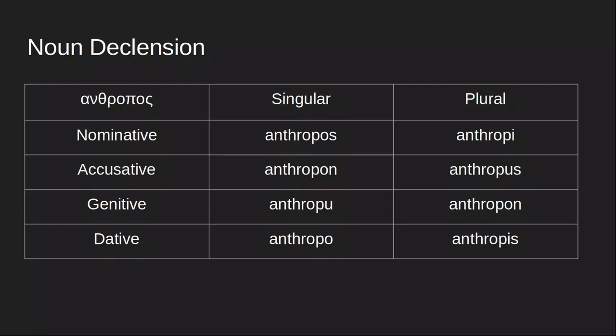And this is just the masculine, I believe it's the second declension masculine noun. However, there are other declensions, and a lot of languages that use cases will have various patterns of these. So if you're familiar with Spanish and they have the 3 groups of verbs, Greek has 3 main declensions of nouns, as does Latin, and I think Sanskrit does too, although I don't know Sanskrit too well.